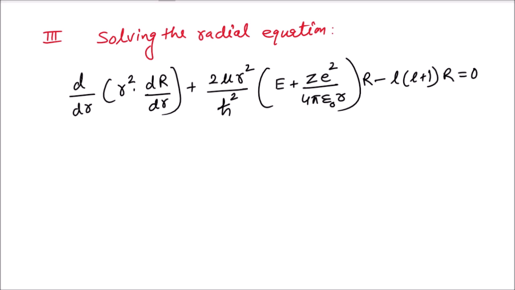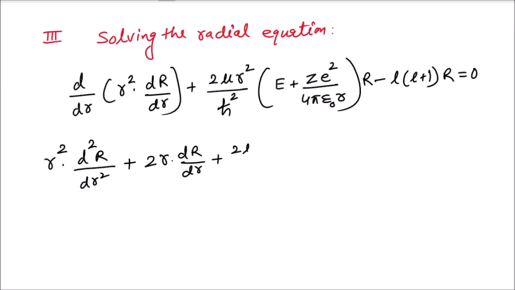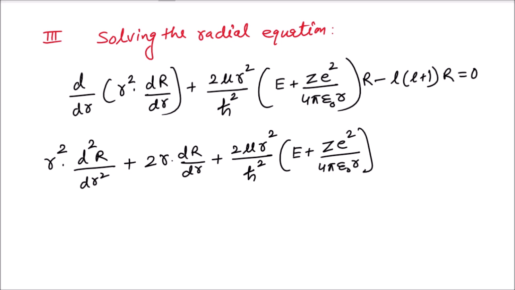So again apply the product rule: first into differential of second plus differential of first into second, plus 2 mu r square upon h bar square into E plus Z e square upon 4 pi epsilon naught r into R, minus L into L plus 1 R equal to 0.